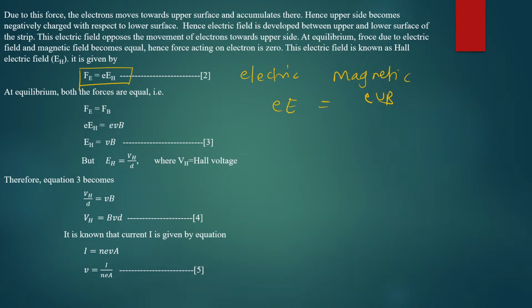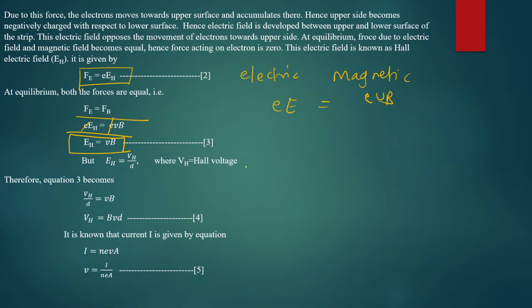Both the forces are equal at equilibrium conditions, so we write Fe is equal to Fb. Then e cancels, and E_H is equal to vB.